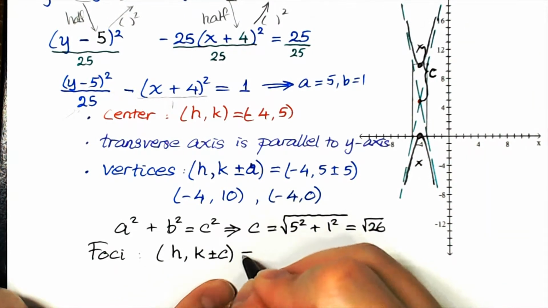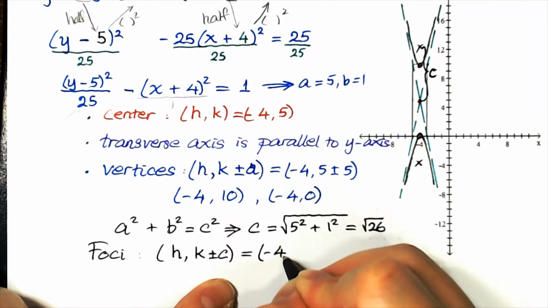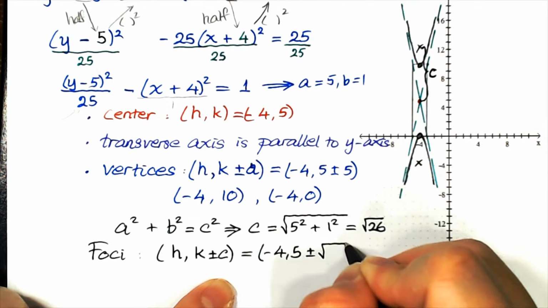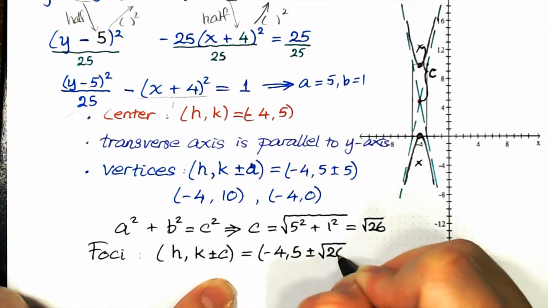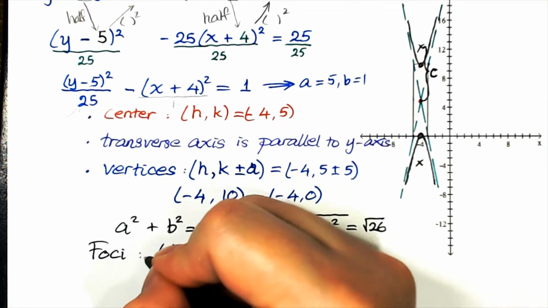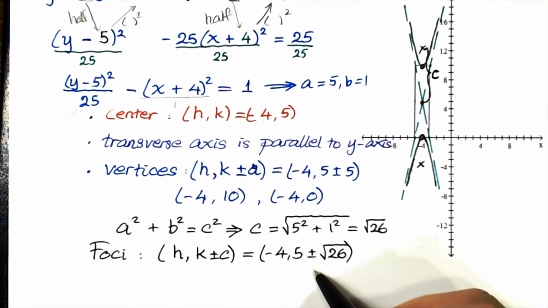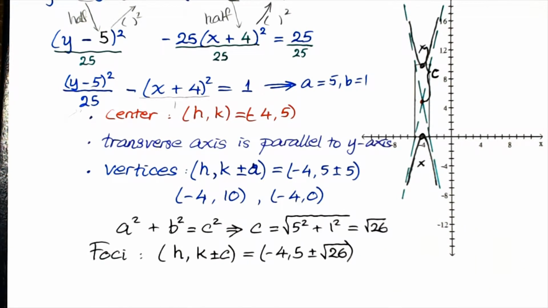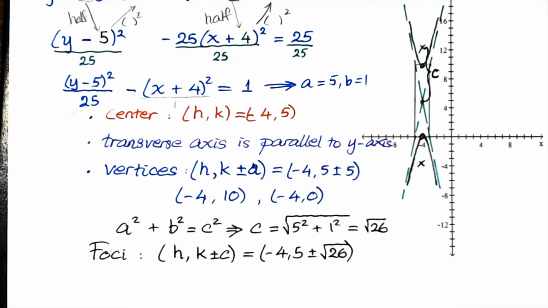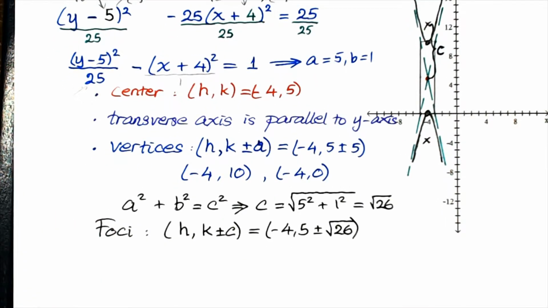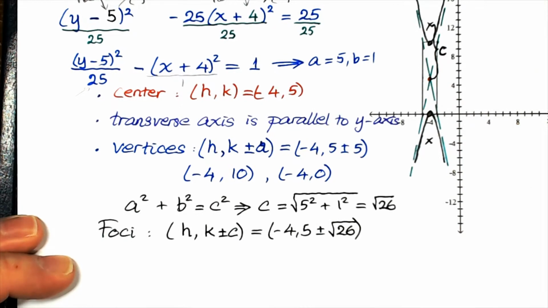In our particular problem, the center is (-4, 5), we go up and down square root of 26 units to get to the focus. So those are the foci. And then we just need to find the asymptotes. We know the asymptotes already, we just need to find the equation.